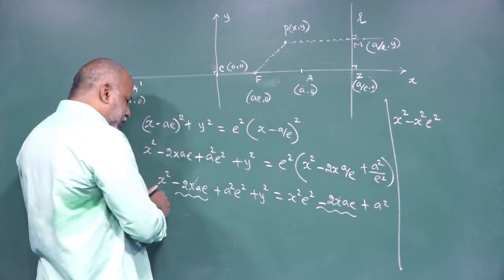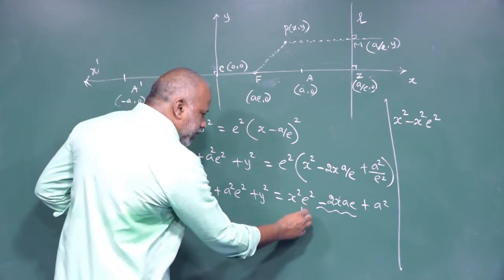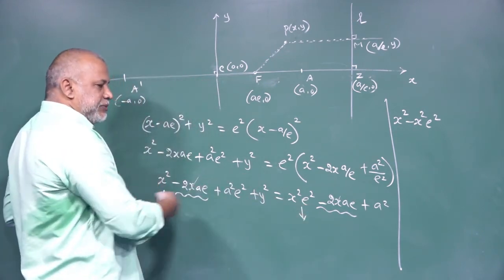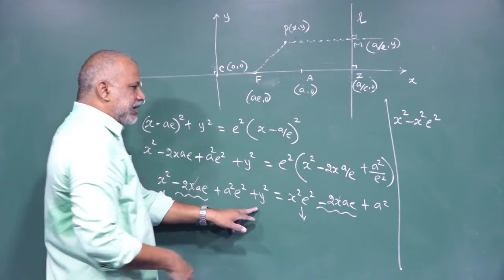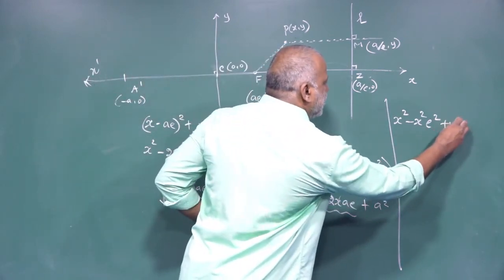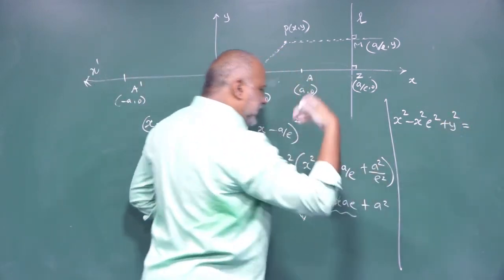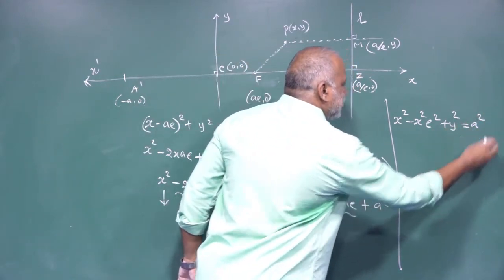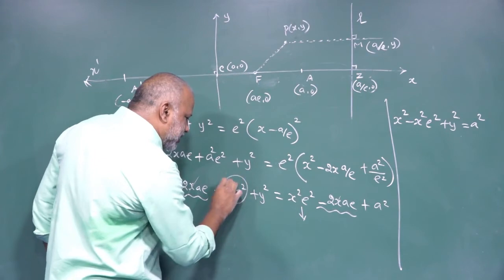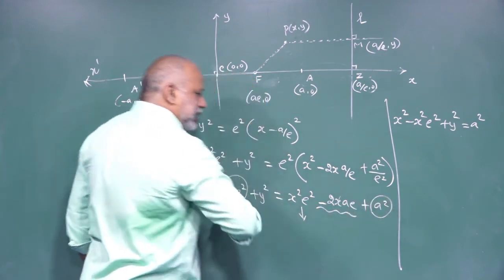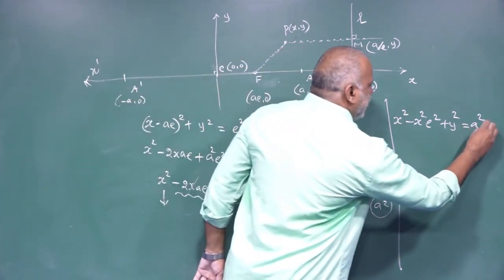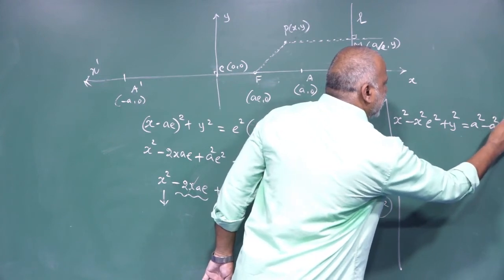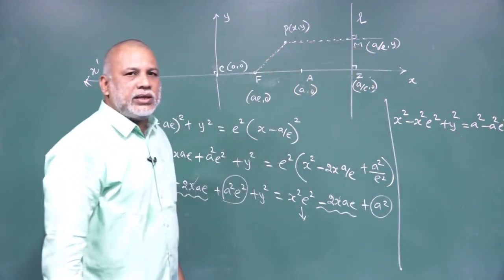Then remaining 1 y squared here. In your RHS side, you are having one constant, this is a squared. Convert to the same side, it will become minus a squared e squared.